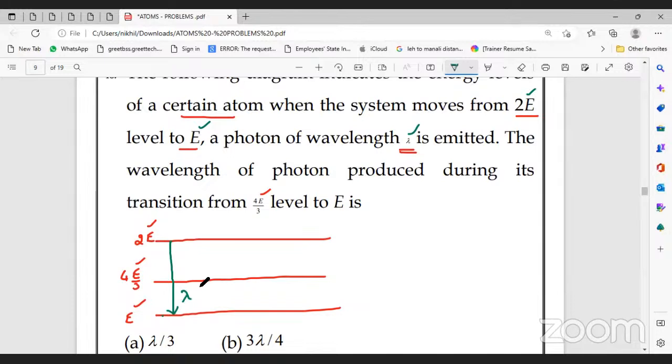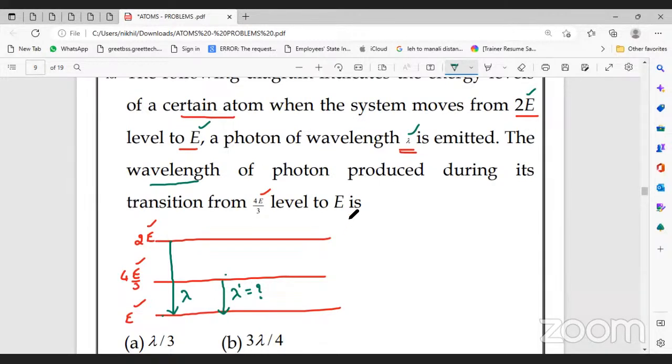Now, what are they expecting? What is the wavelength when the photon makes a transition from 4E by 3 to E? Let it be lambda dash.